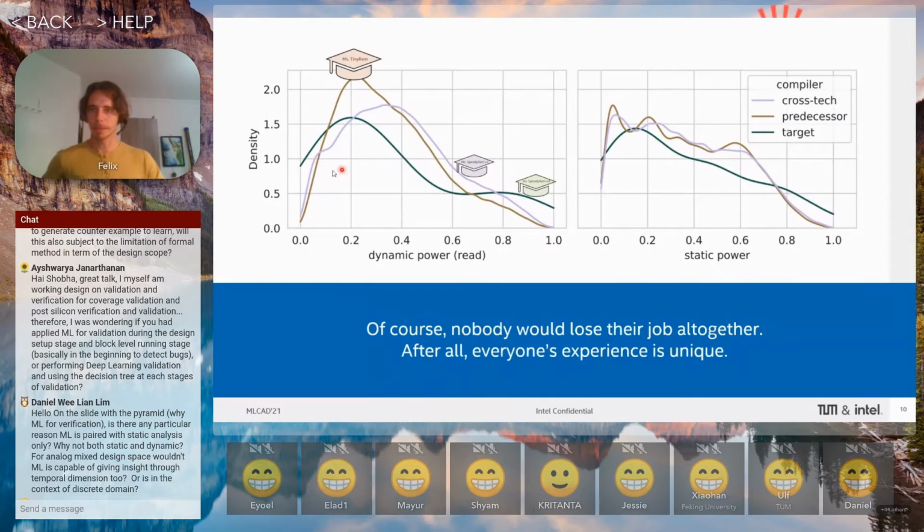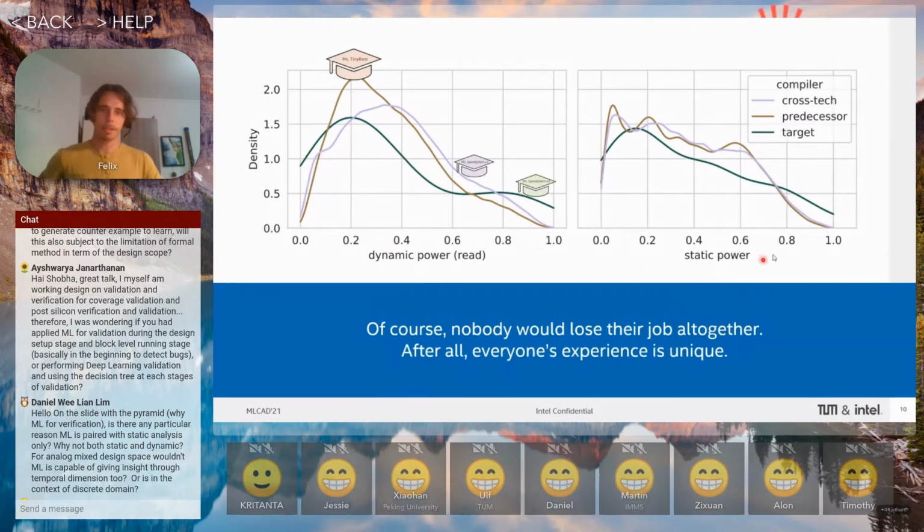So on the left here, we see that all of the curves have a big bump on the left and then fall fairly smoothly. But also, they're not identical. We can see that the peaks are a little bit different. And also, our target domain has a little bump here that probably couldn't be learned by just training on the source domains. So this is for dynamic power.